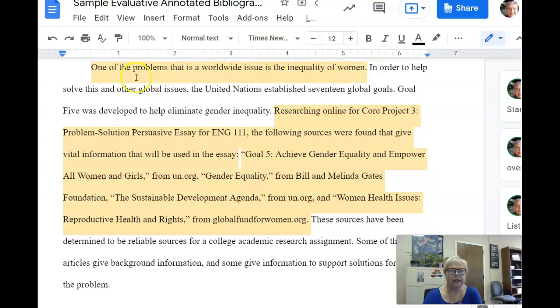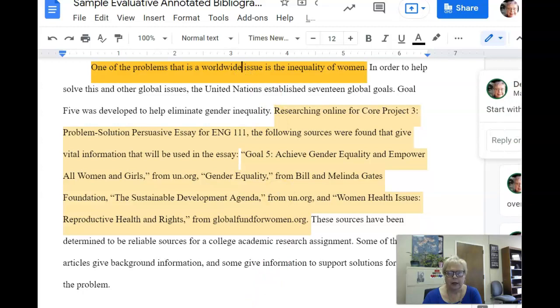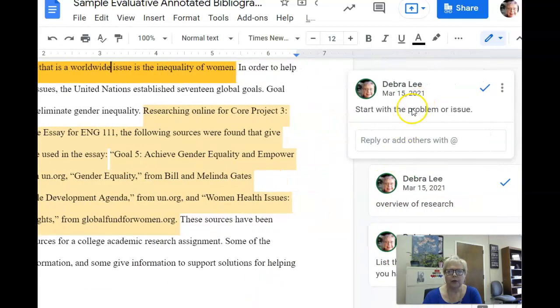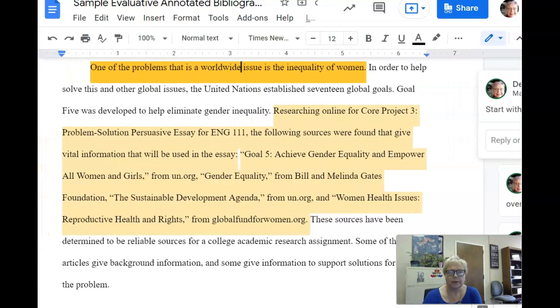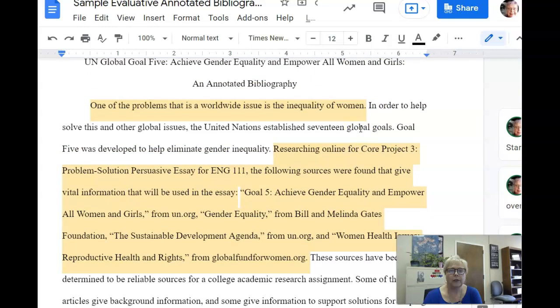And here's what I did. One of the problems that is a worldwide issue is the inequality of women. I want you to start your paragraph like that. Start with the problem or the issue. And of course, the problem is inequality because the goal is to achieve gender equality.